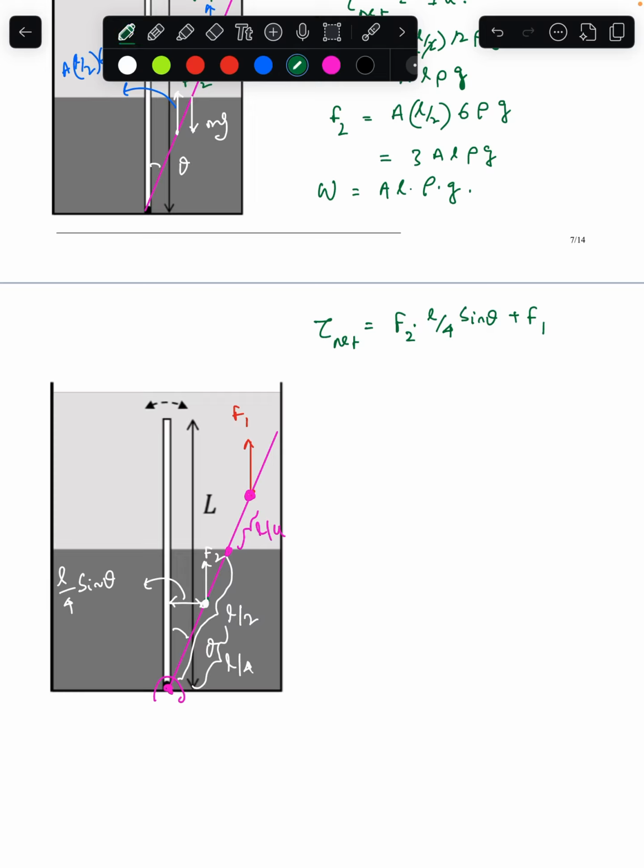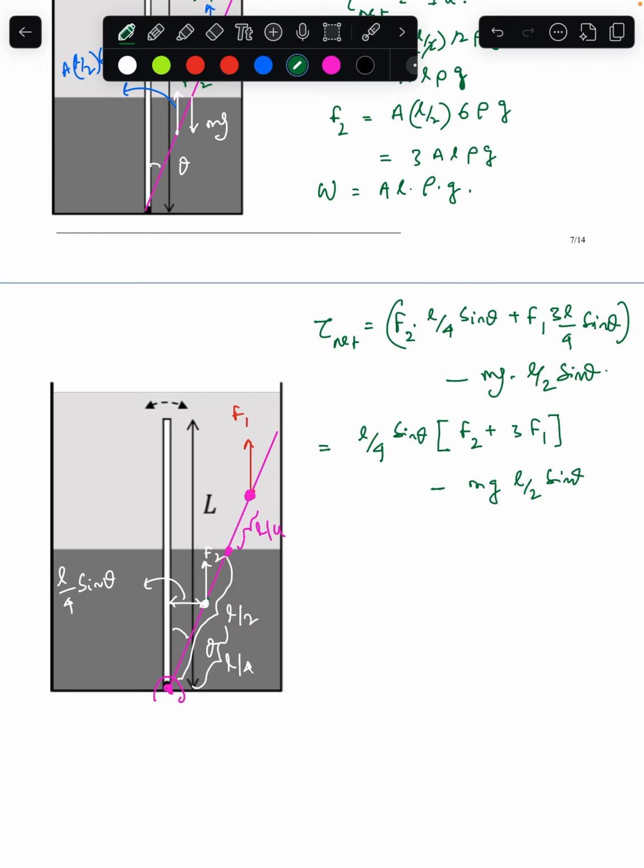So this will become F1 into 3L by 4 sine theta minus mg into L by 2 sine theta. Let's proceed with the calculation. As you can check, I can take L by 4 sine theta common from these terms. It comes as F2 plus 3F1 minus 2mg, times L by 4 sine theta.